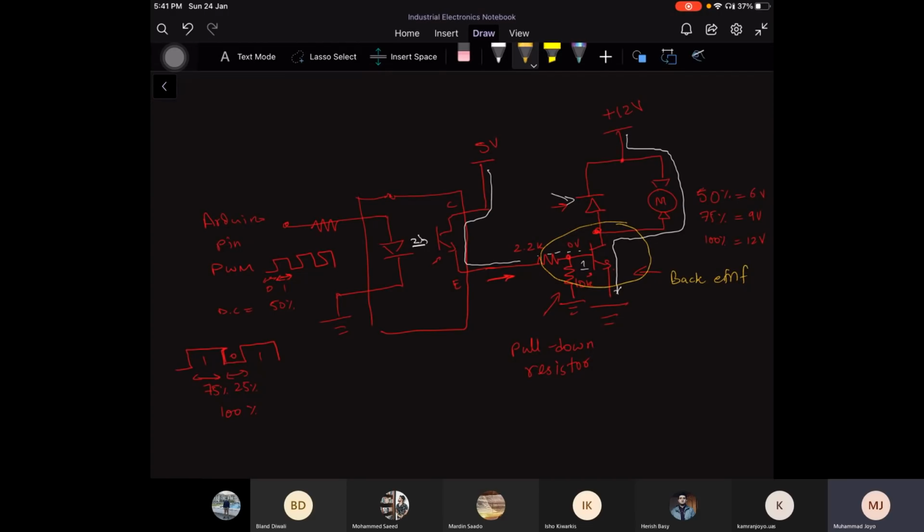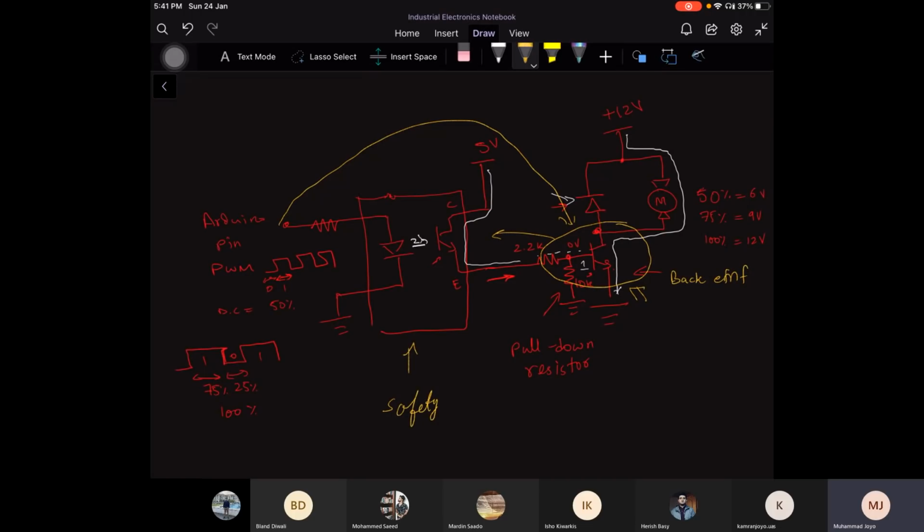If this transistor fails, it can also affect the optocoupler. So this is one of the main reasons why we use optocouplers instead of attaching the Arduino directly to this transistor. It provides safety to your computer, or you can say the back circuit.